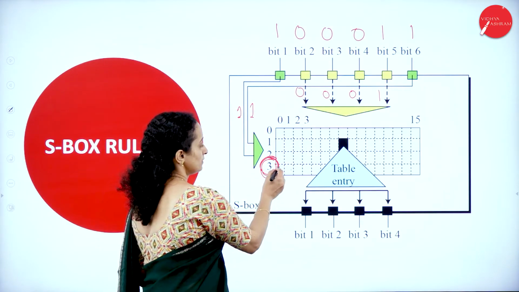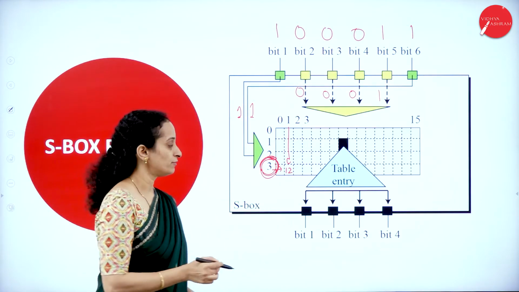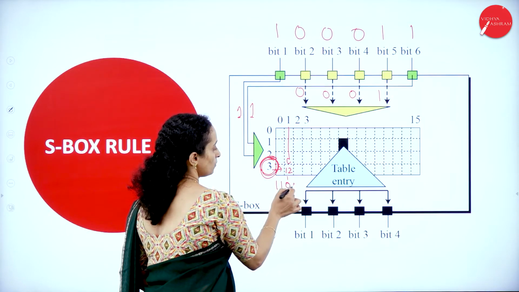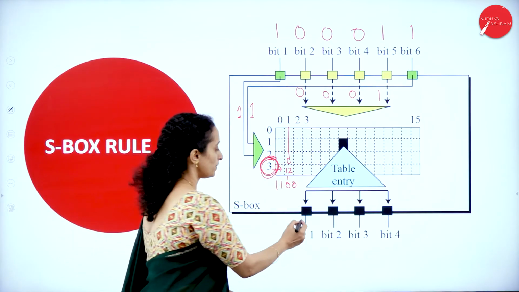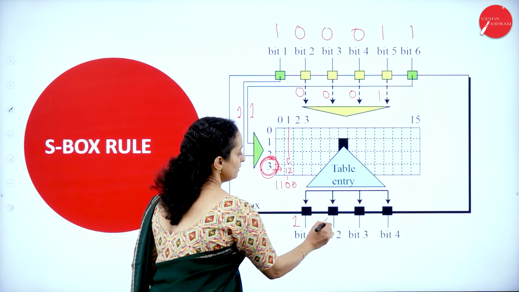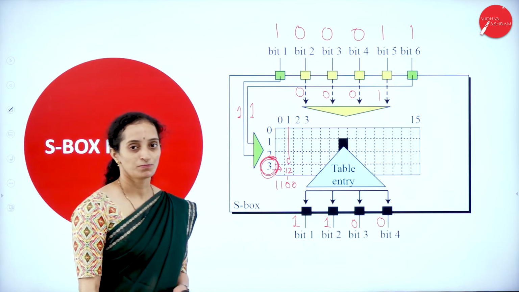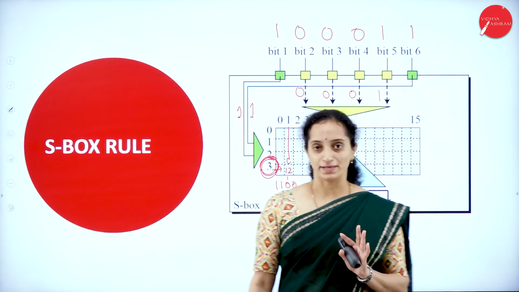So this and this gives the value 12. 12 is represented as 1, 1, 0, 0 in binary, which gives the output of 4 bits.